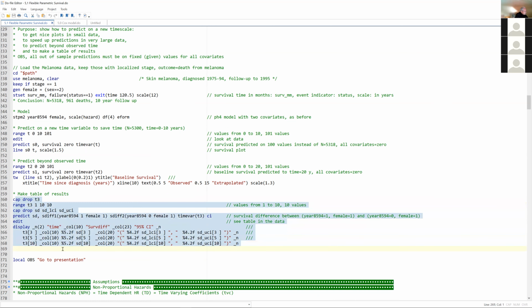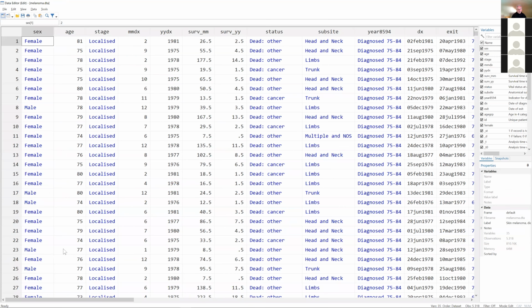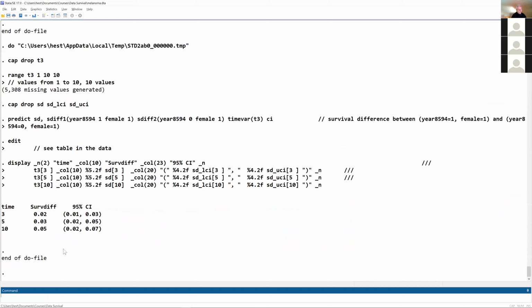And I can just display some of the results here. So here I'm showing you for time 3, 5, and 10 years. Here we have the survival differences with confidence intervals. So producing a table of results for whatever you're interested in is very easy using a new time variable.